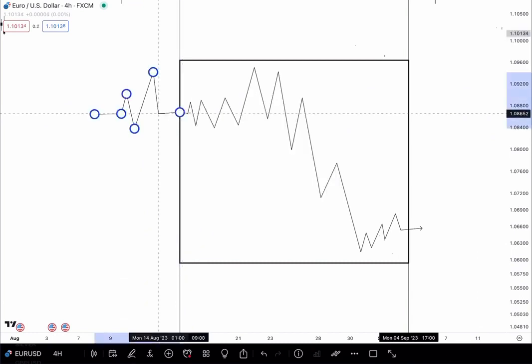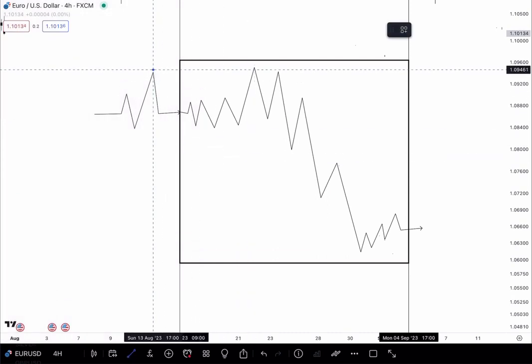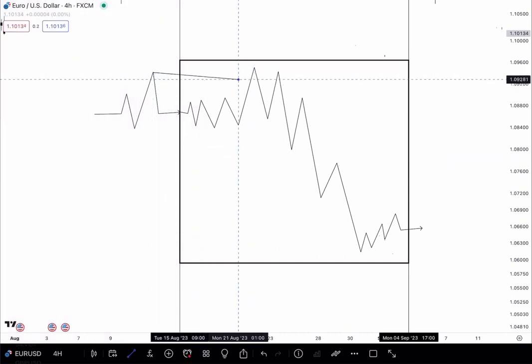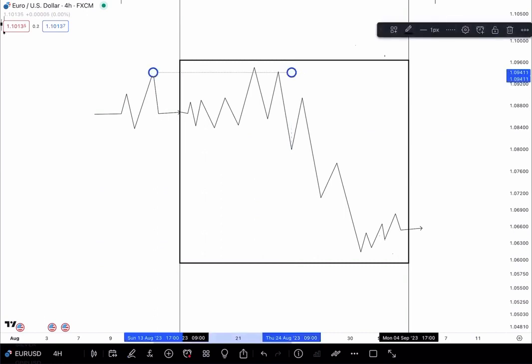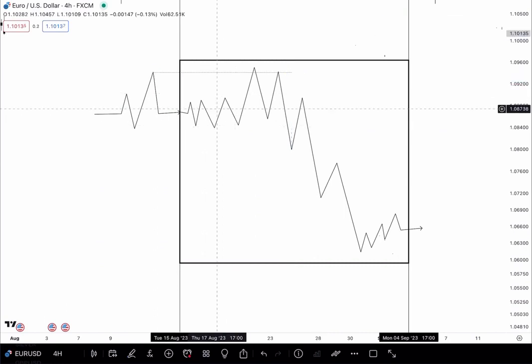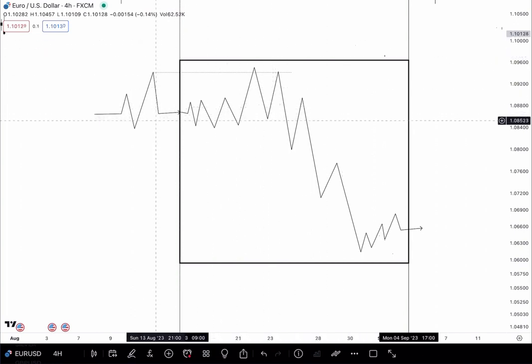Right, twisted candle. A liquidity pool inside of a higher time frame PD array, above the opening price of the candle you are trying to trade.